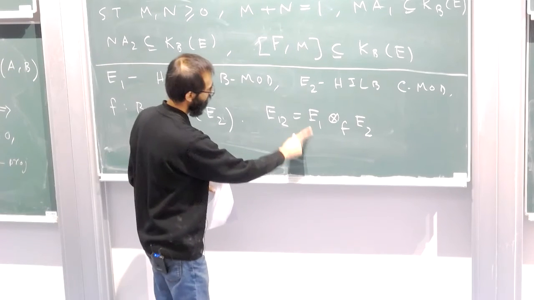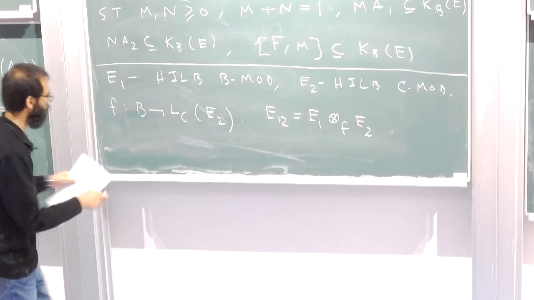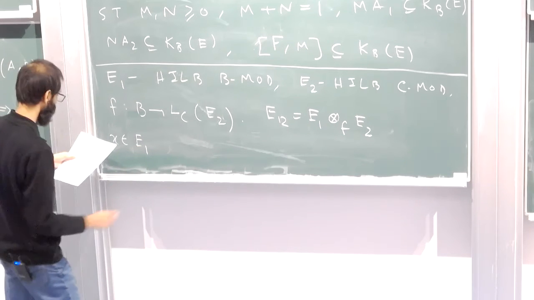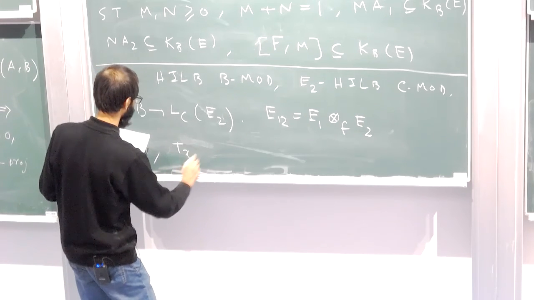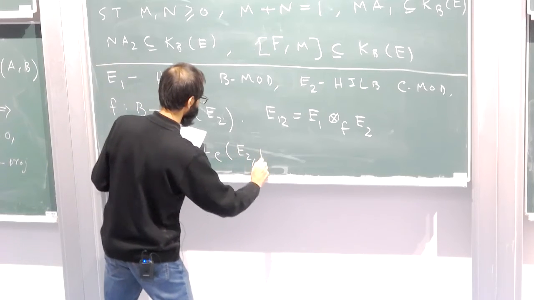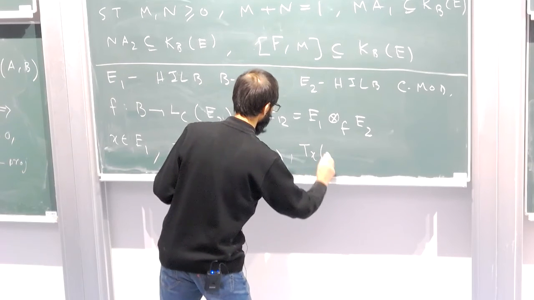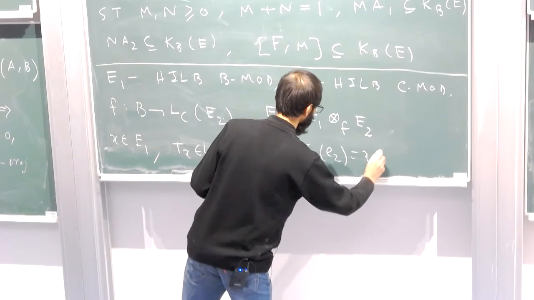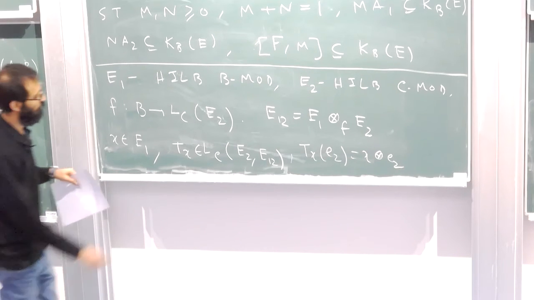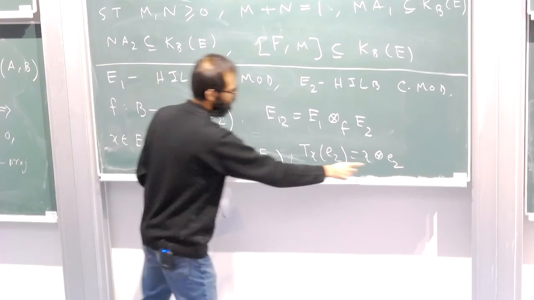It has grading SE1 on this one and SE2 on this two, the tensor product of the two. For each x in E1, Tx is in LC E2, so it takes E2 from this and puts x before E2.